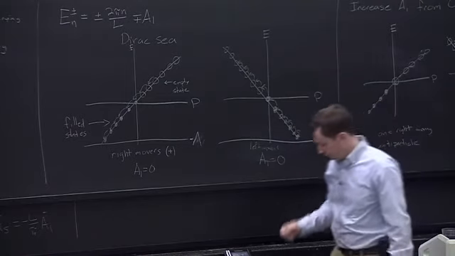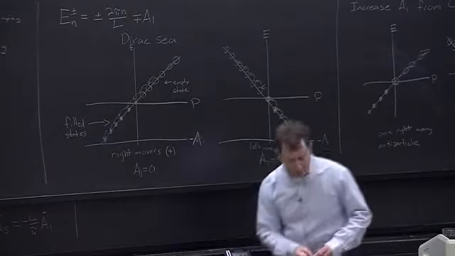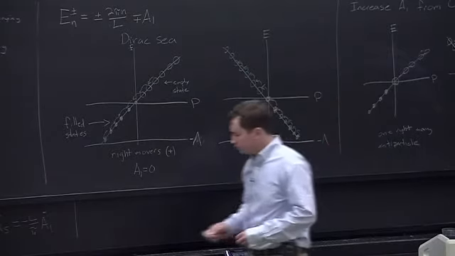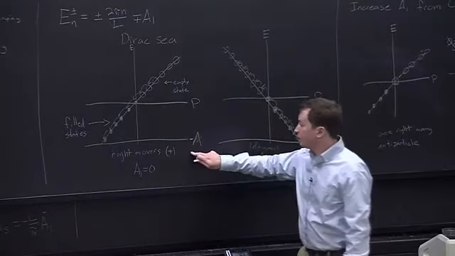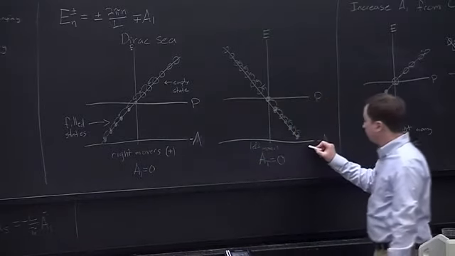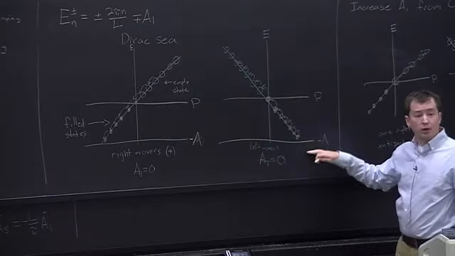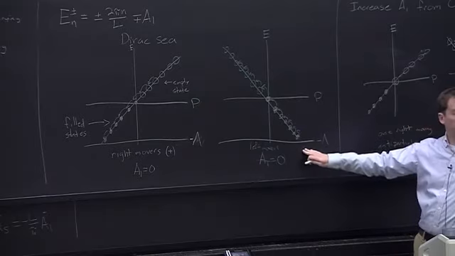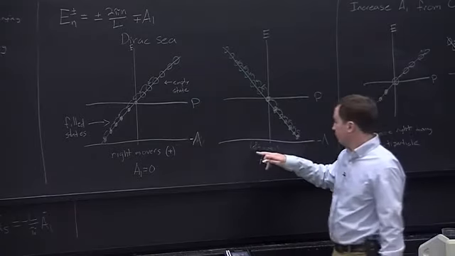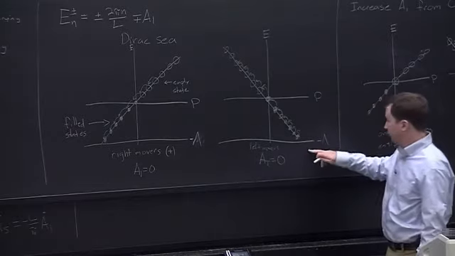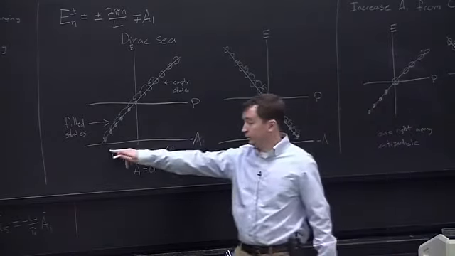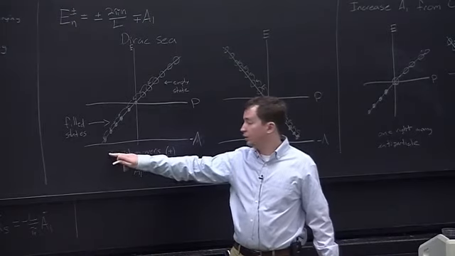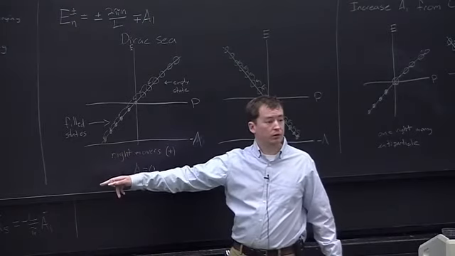And we assumed that whenever a state went from below our cutoff to above our cutoff in the left-moving spectrum, simultaneously a right-moving state disappeared.